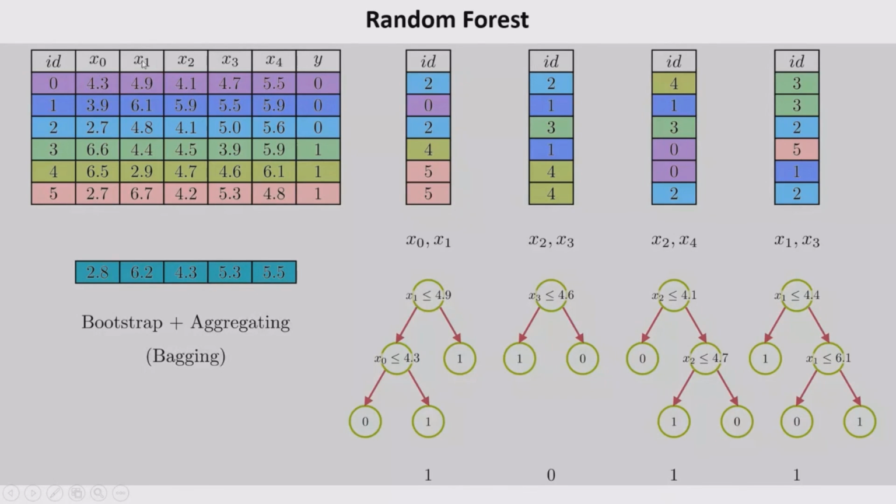And for features x0 and x1, for example, your value is x1 less than or equal to 4.9 and your x1 is 6.2. So is this satisfied or not? You're comparing these random values. 2.8, 6.2, 4.3. Yes. Okay, ma'am. I got it. Thank you, ma'am.